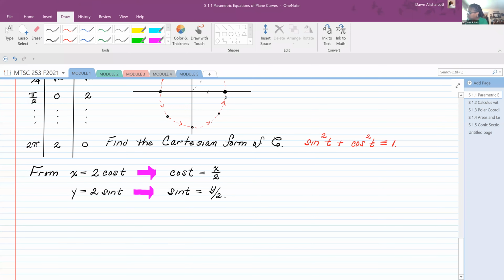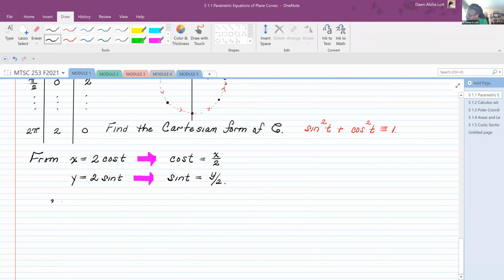Aha, so the cosine squared plus the sine squared of t is going to be x over 2 squared plus y over 2 squared. And I already know that equals 1.